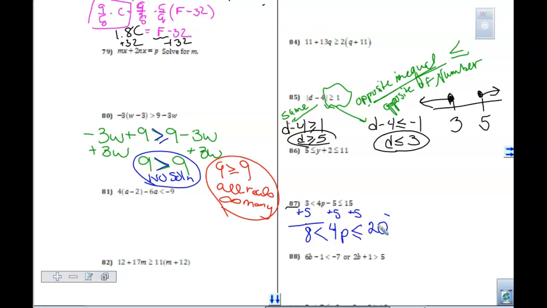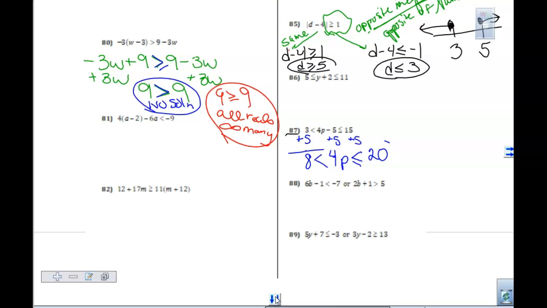Wyatt, what am I doing next to solve the problem? 87, yes, that's what we're looking at. Add 5 to 14, okay, we did that. So do you see where we're at? What am I going to do to get 4p?